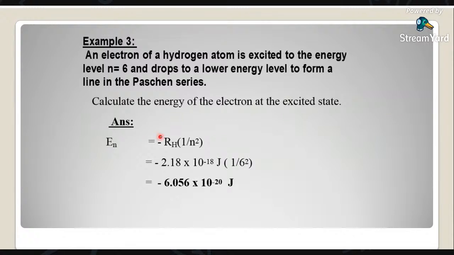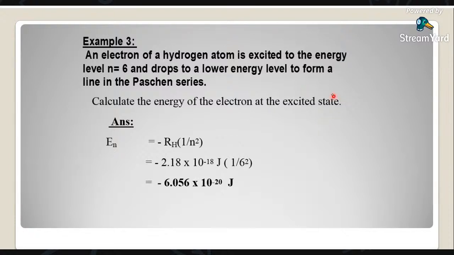An electron of a hydrogen atom is excited to energy level n equals 6 and drops to a lower energy level to form a line in the Paschen series. Calculate the energy of the electron at the excited state.